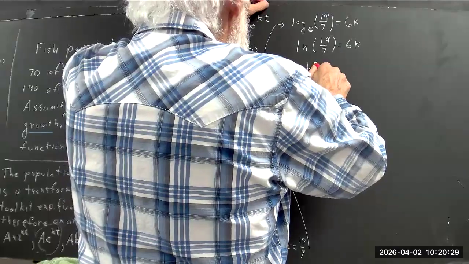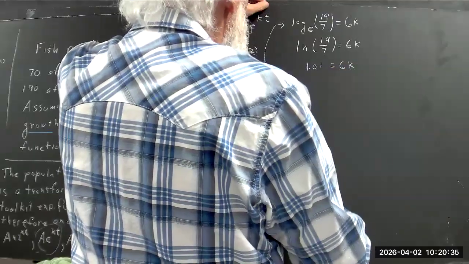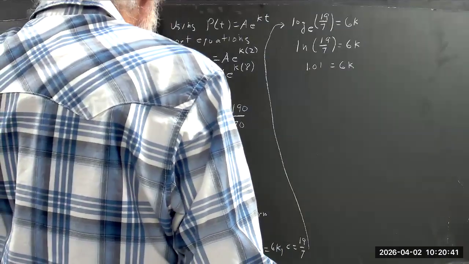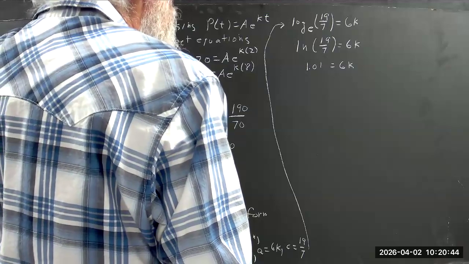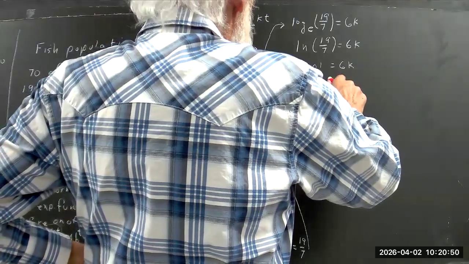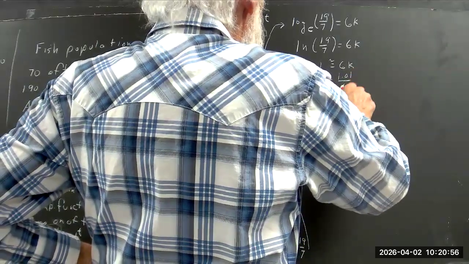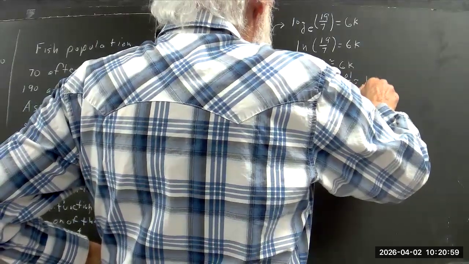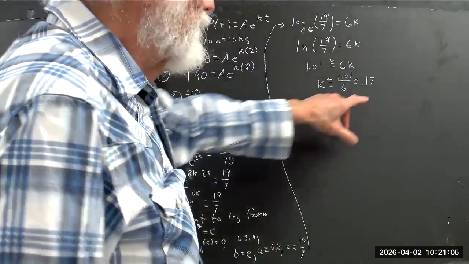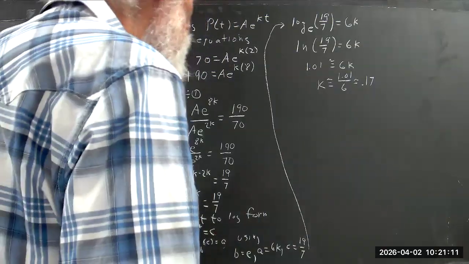So I'm going to just say this is maybe 1.01. So that k is approximately equal to 1.01 over 6, which is approximately 0.17. I want to try to estimate more decimal places than that, although I think I kind of could.